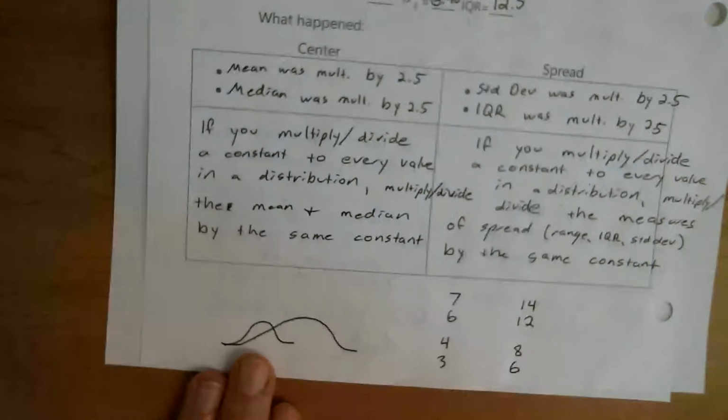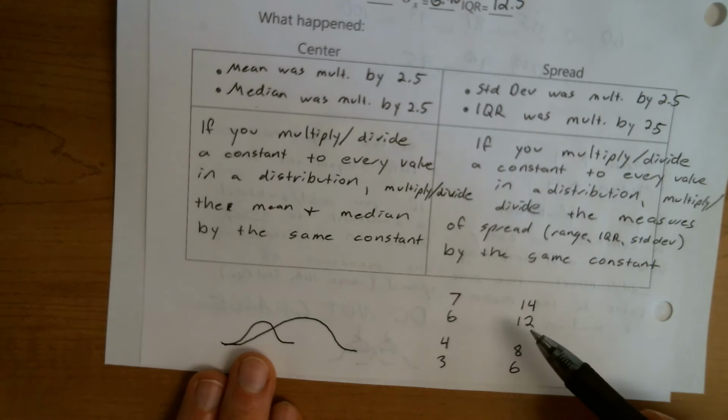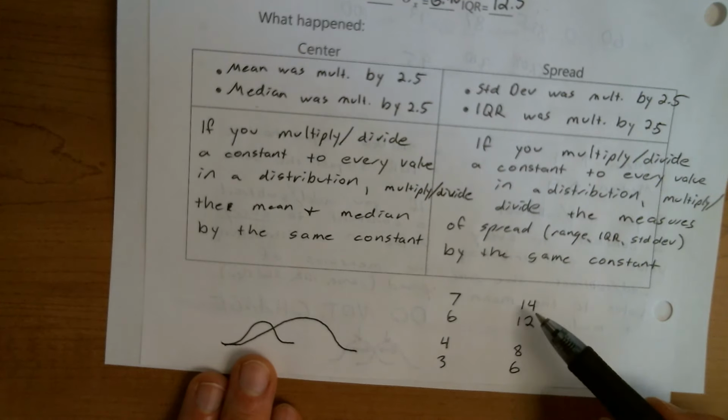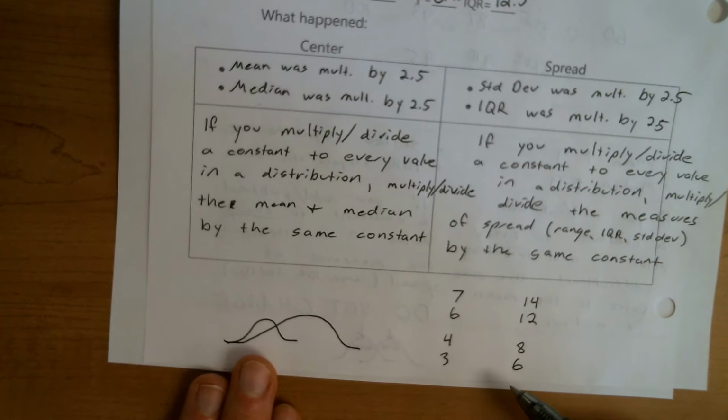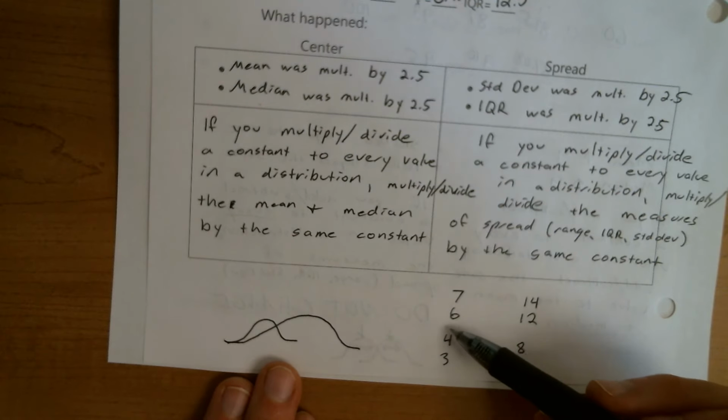Now, if I double all of these, 14, 12, 8, and 6, the mean is going to double. 14 plus 12 is 26, plus 8 is 34, plus 6 is 40. 40 divided by 4 is 10. So we've gone from 5 to 10. But also notice that things are now more spread out. Here the range was 4. Here the range is 8. We've talked that standard deviation is the average distance from the mean.